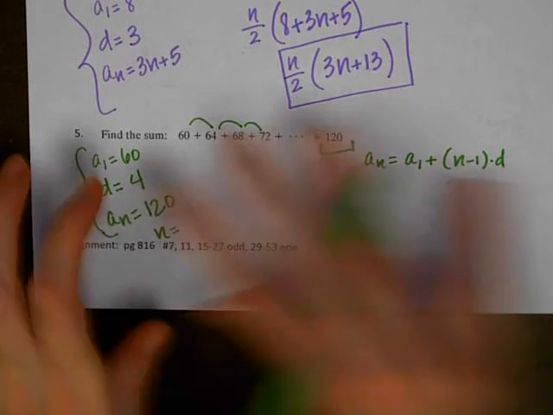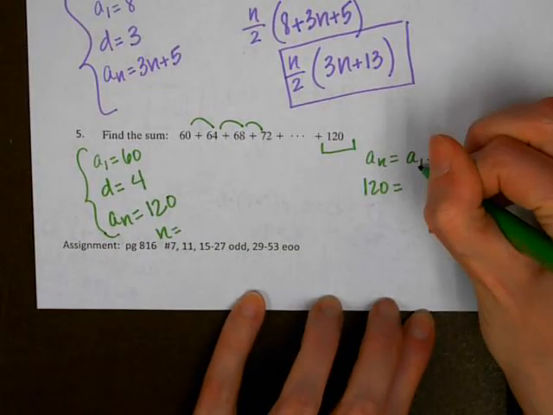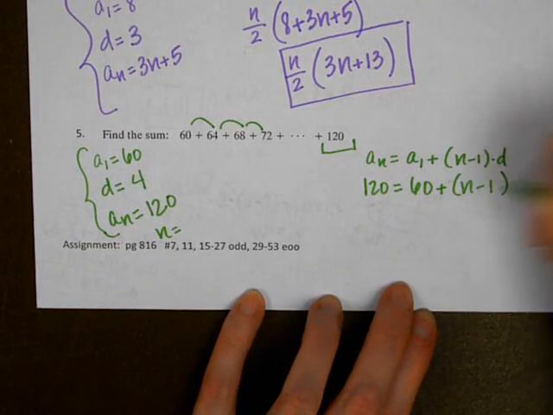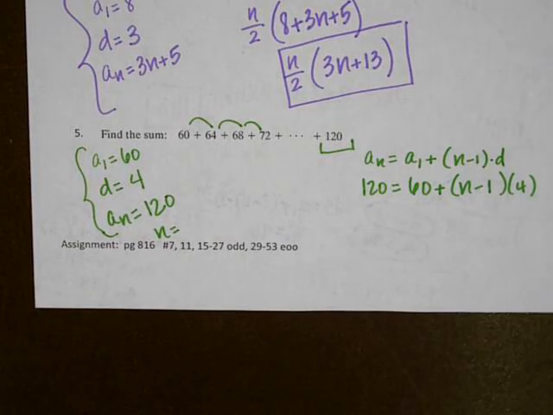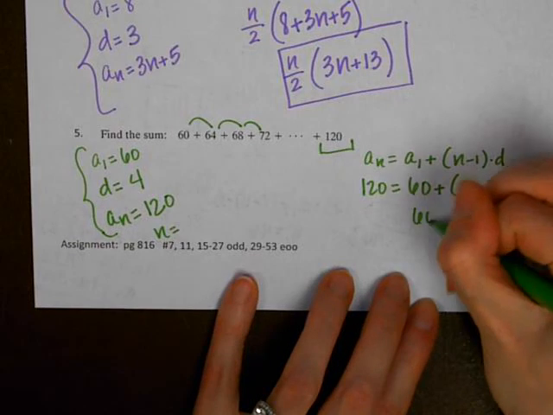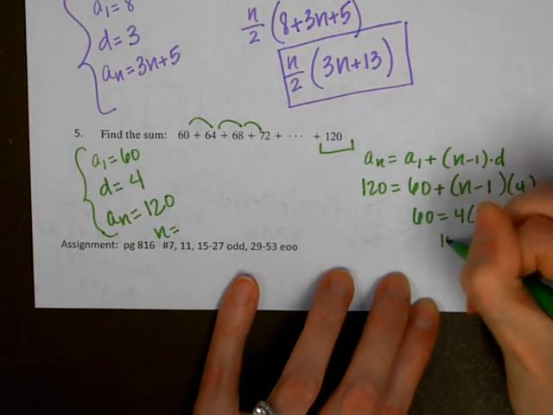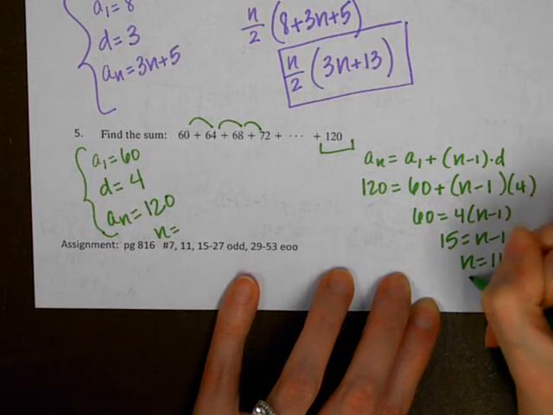Okay, so let's plug in what we know. A sub n is 120. A sub 1 is 60. N we don't know. And d is 4. All right, so go ahead and solve that for n. That would be 60 equals 4 times n minus 1. So 15 equals n minus 1. So n would be 16.